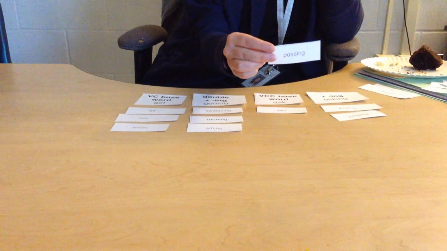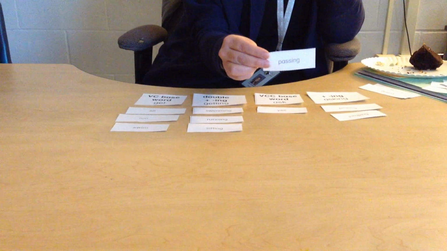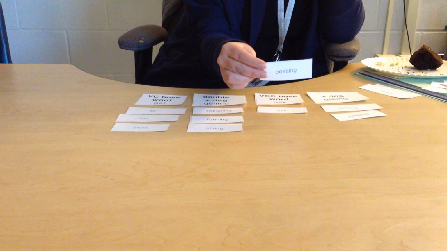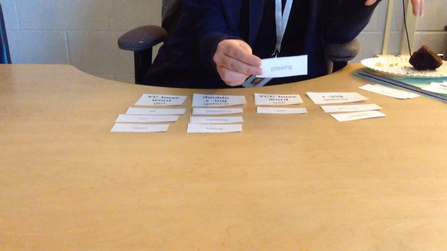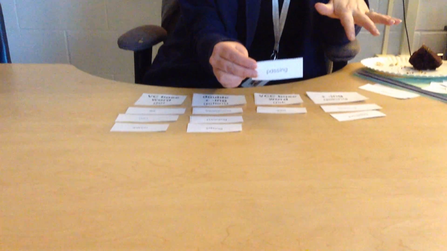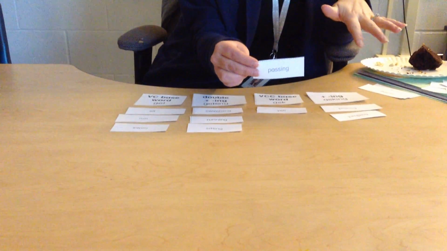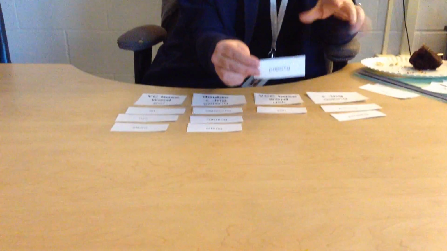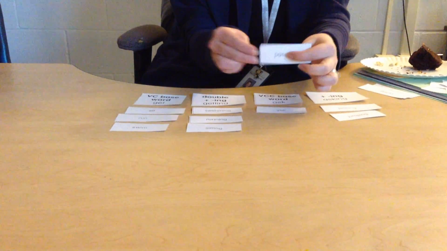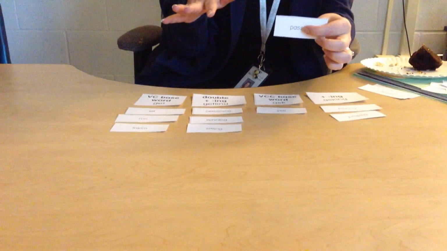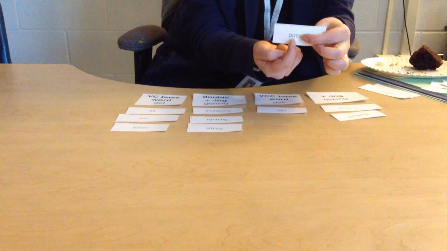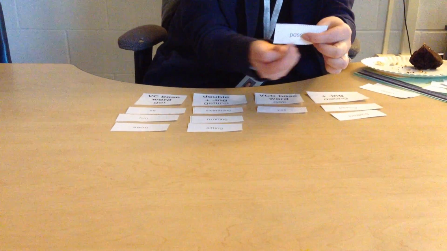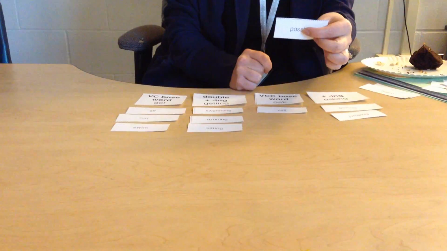Passing. Now passing might try to trick up some of your brains. There's a couple words in this sort where you have to really make sure you focus on the base word. So the base word here is pass. I look to see, there's my vowel A, and I have 2 consonants at the end.